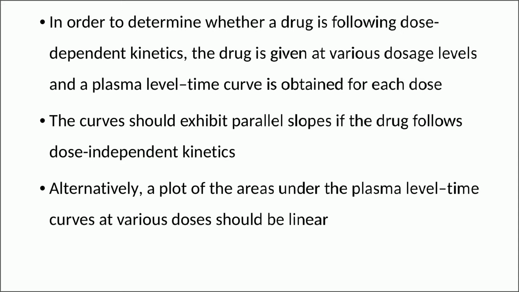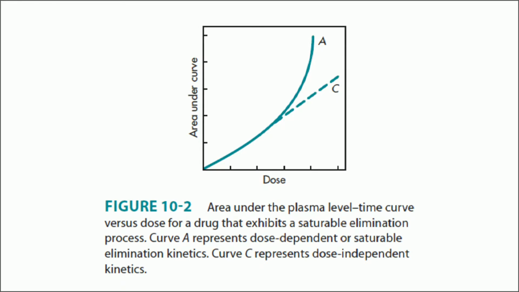With the help of these graphs, you can understand dose-dependent or non-linear pharmacokinetics and linear pharmacokinetics. In this figure, the area under the plasma level time curve versus dose is shown for a drug that exhibits a saturable elimination process. Curve A represents dose-dependent or saturable elimination kinetics, whereas curve C represents dose-independent kinetics.